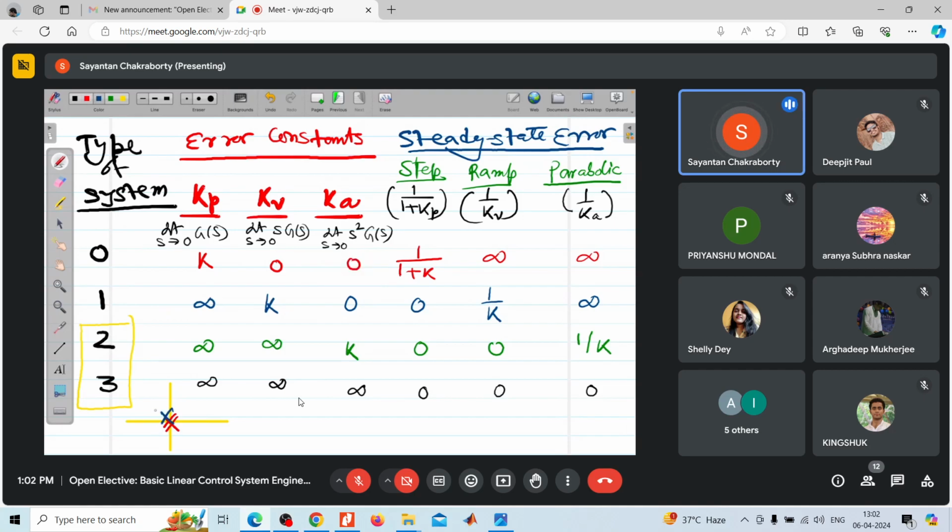So if the number of poles at origin increases, the system moves toward the unstable region, and this is the stable region. So as long as there is a single pole at origin, it's fine, it's manageable for type 1. But whenever there are multiple poles at origin, there is a serious concern regarding the stability of the system.